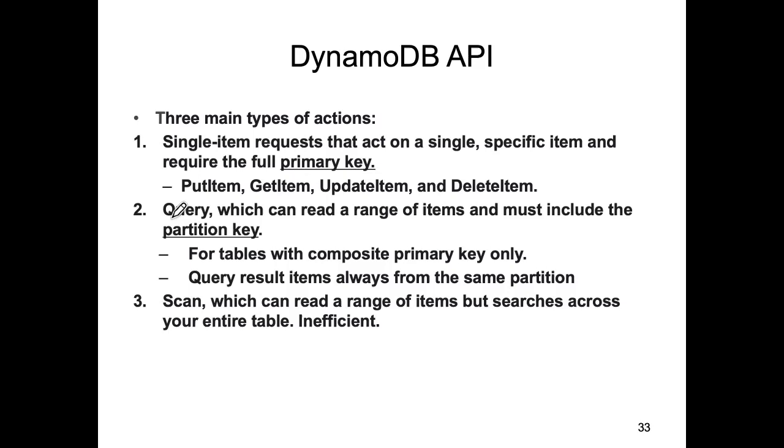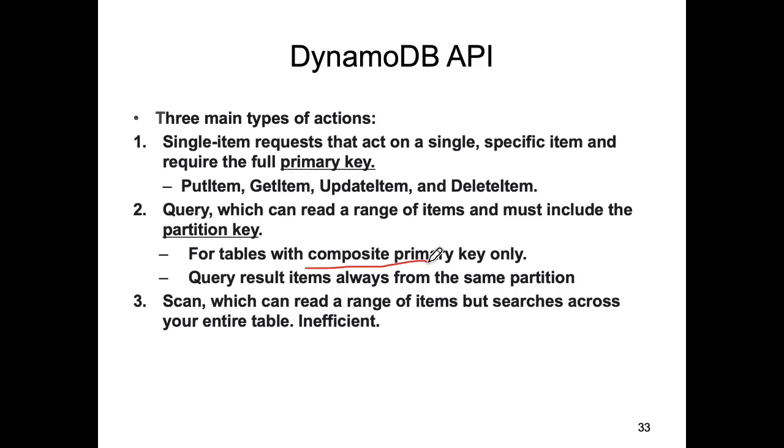And so for these query type actions, query requests, in other words, these query actions only apply for tables that have composite primary keys. Doesn't make sense if our table has a simple primary key, where the idea of a simple primary key is that the primary key just consists of the partition key.